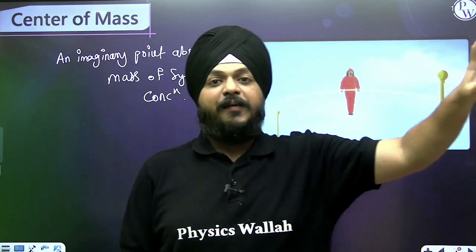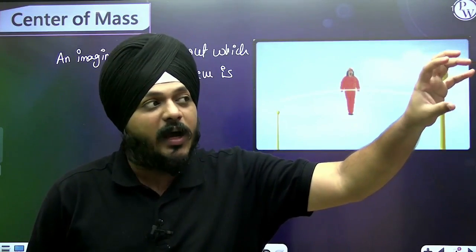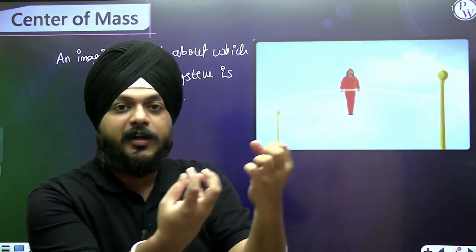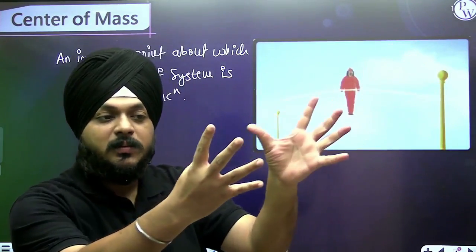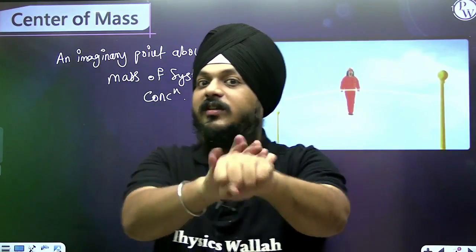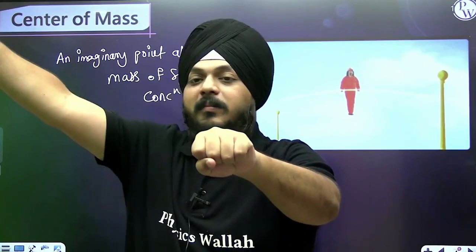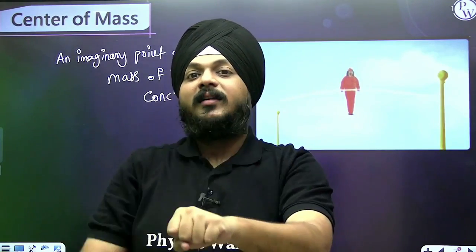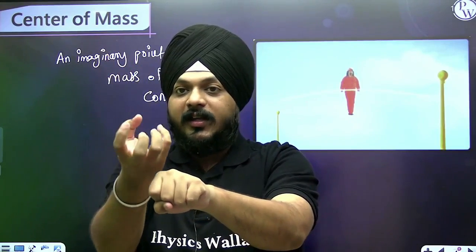Now I'm picking the left wall. Just imagine, focus on my words. The mass of the left wall is getting concentrated at a single point. It is shrinking. The mass of the left wall is here. The mass of the right wall is shrinking. The mass of the front wall is shrinking.